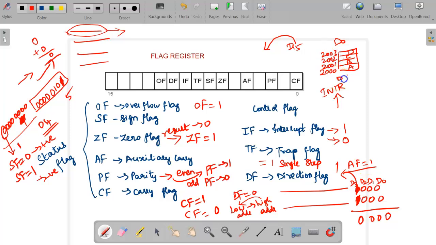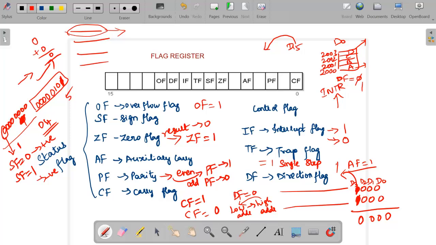If your direction flag DF is equal to 0, it will take A first, followed by B, then C, then D. If DF is equal to 1, first it will take from the higher address: D, followed by C, followed by B, followed by A. So auto increment will happen when DF is equal to 0, and auto decrement will happen when DF is equal to 1. Hence it is called the direction flag, in which way you take your value during string operations.